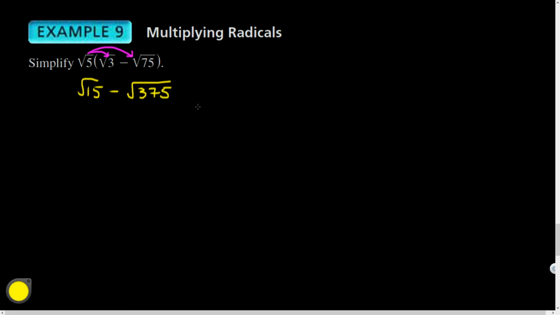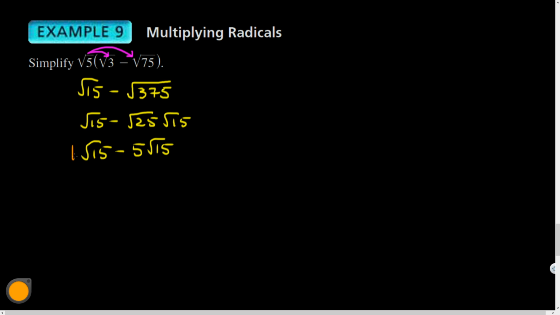Now 375, if I divide that by 25, which is the largest perfect square that goes into it, it goes in 15 times. There we go. And so I've got square root of 25 is 5, so minus 5 rad 15, and I've got a rad 15 here. Now, combining these, how many rad 15s is this piece?